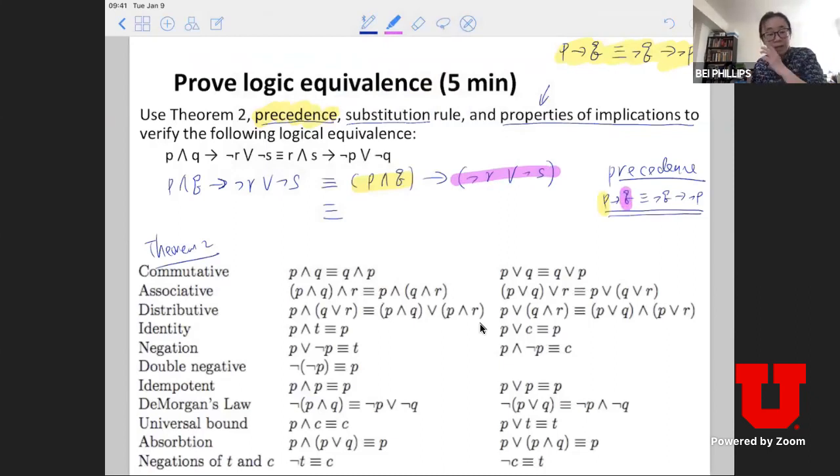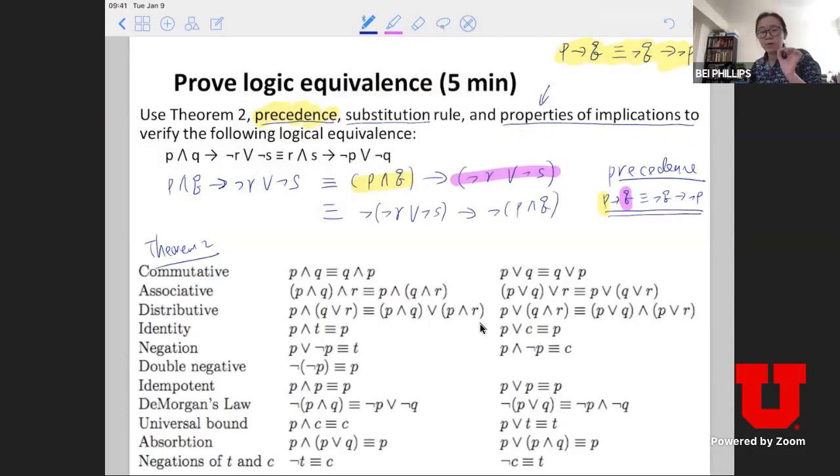So P implies Q is logically equivalent to negation of Q implies negation of P. So I'm going to put negation over negation of R or negation of S. This implies negation of P and Q.